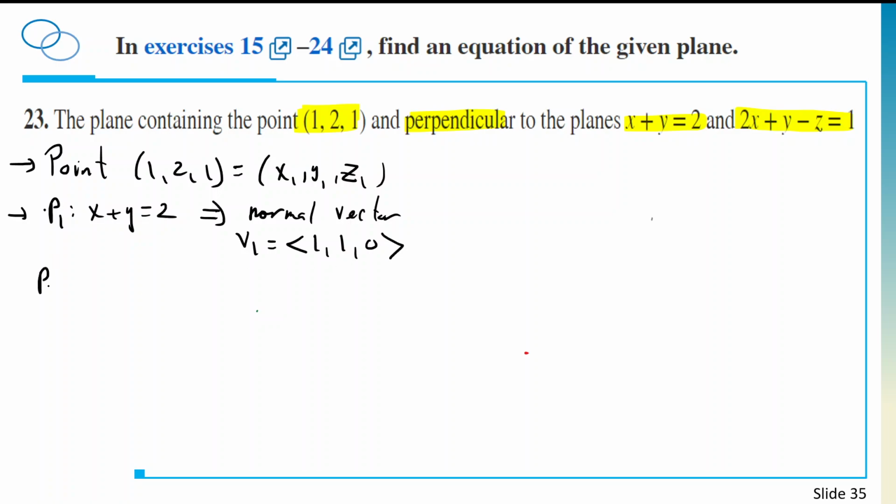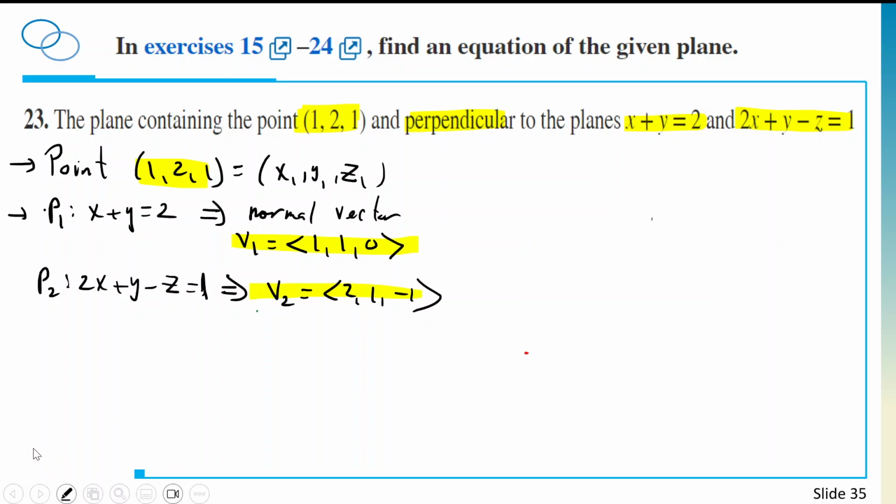And from the second plane, which is 2x plus y minus z equals to 1, so the normal vector v2 will be equal to 2, 1, negative 1. So now what do we have? We have the point and we have two normal vectors.